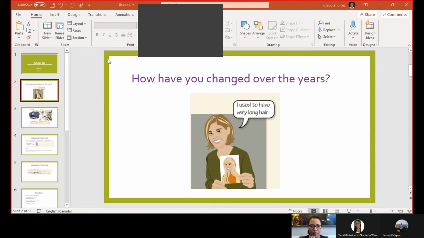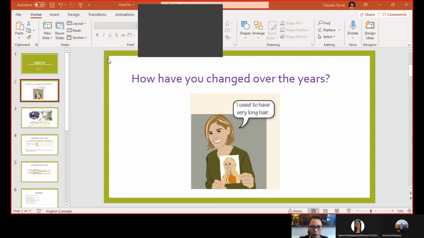If you look at her now, she has short hair, right? She has brown short hair, and she also has wrinkles on her face. That means that she has aged.